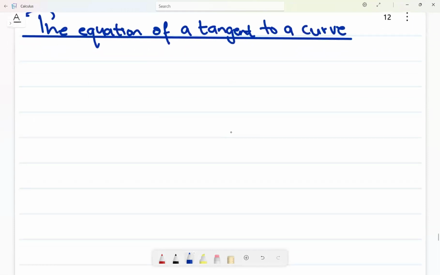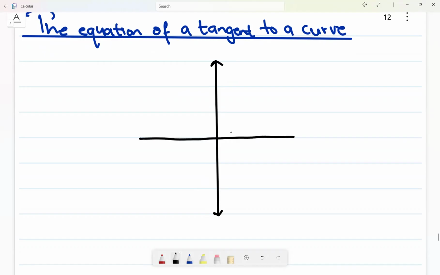Now, assume that you have a function y of x, then maybe you have a graph that goes like this.